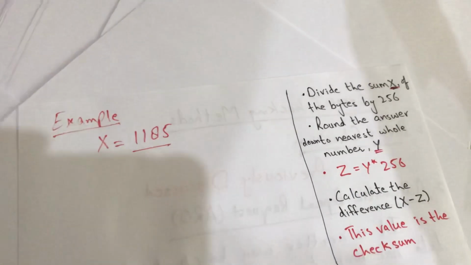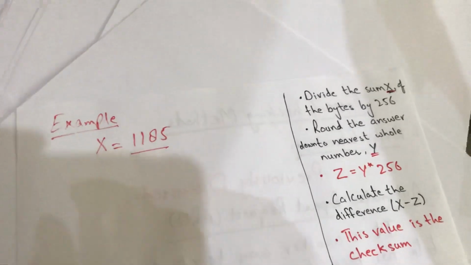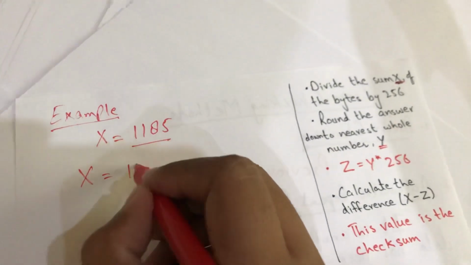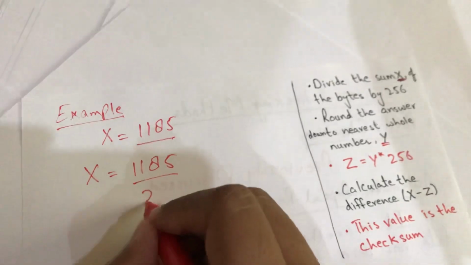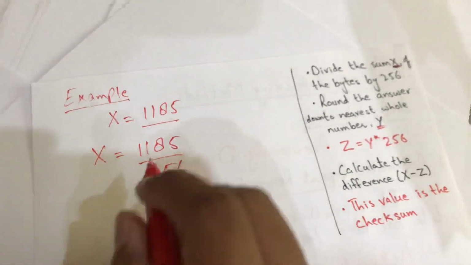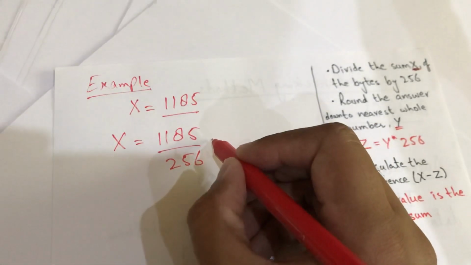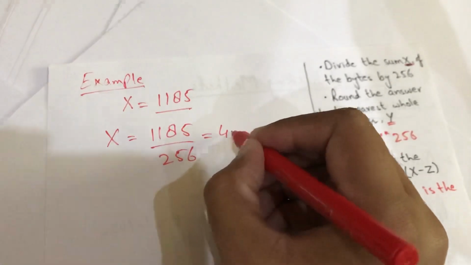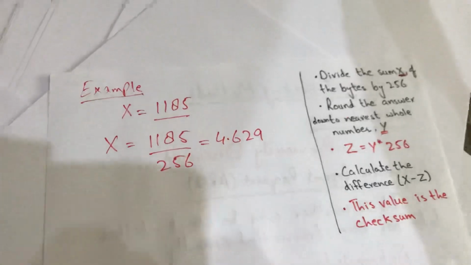Divide the sum x of the bytes by 256. So 1185 divided by 256 is equal to 4.629. This was the first step.